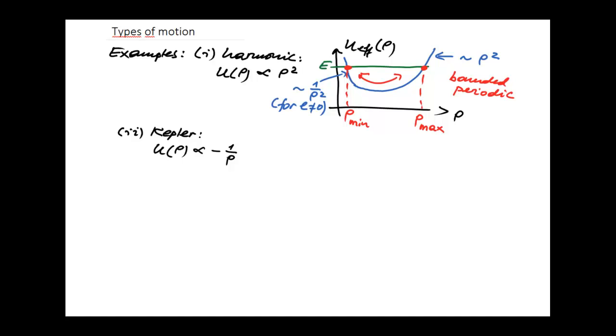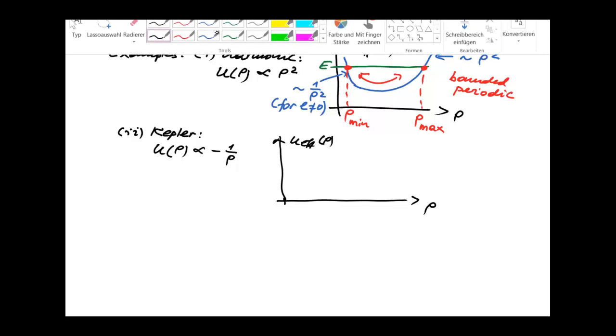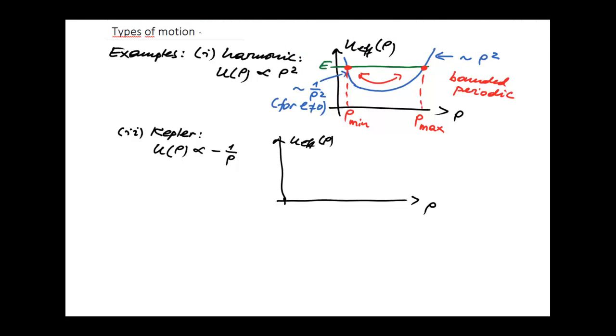All right, similar logic, you draw the effective potential as a function of rho. Again, for the case that the conserved angular momentum is different from zero. Again, for small distances, this centrifugal term will dominate.